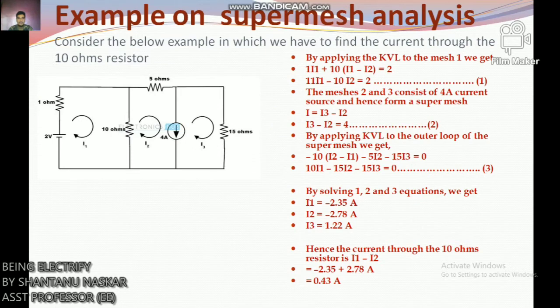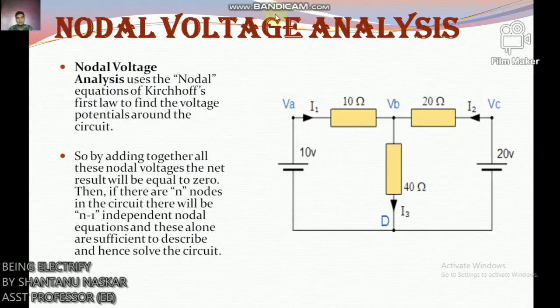Very easy. Now we will discuss nodal voltage analysis. Nodal voltage analysis finds the unknown voltage drops around a circuit between different nodes that provide a common connection for two or more circuit components.